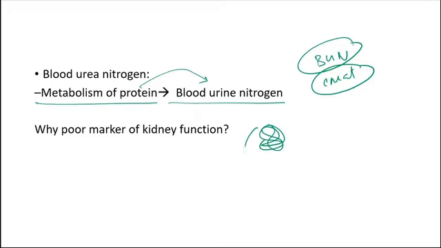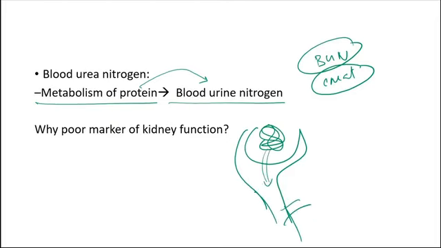So let's say this is the glomerulus, this is Bowman capsule. Let's say the urea is produced, it will be constantly reabsorbed as the urine is moving through the tubule.